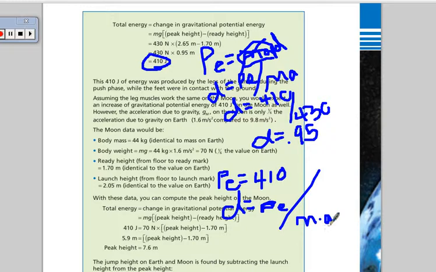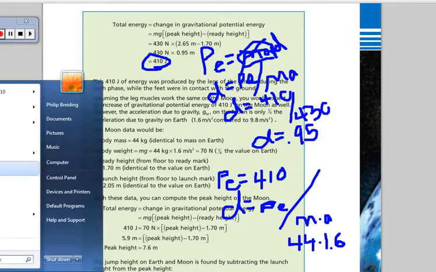And we just have to go in, rather than acceleration equaling 10, because we did 44 times 9.8 to get 430, now we're doing 44 times 1.6. Bring up the handy dandy calculator here.